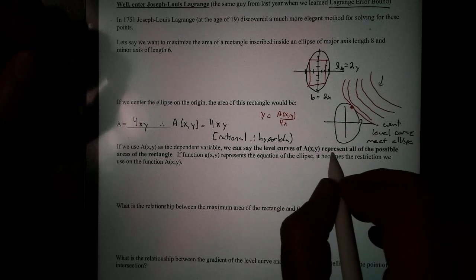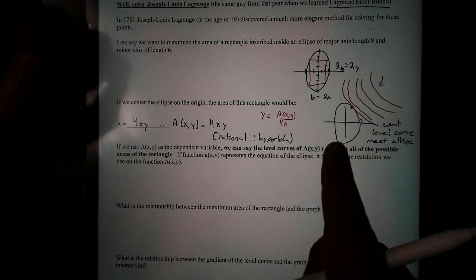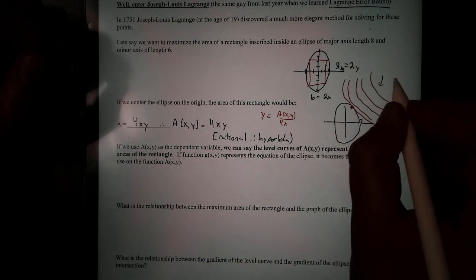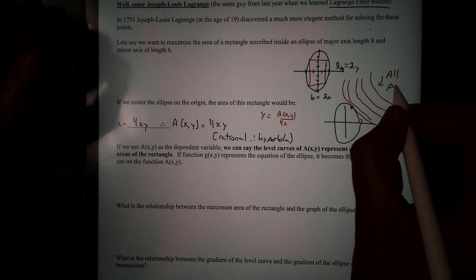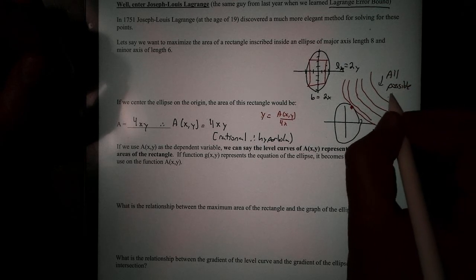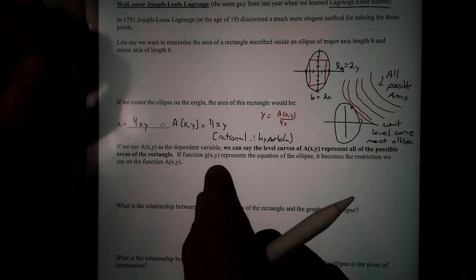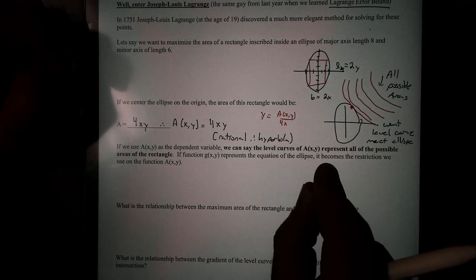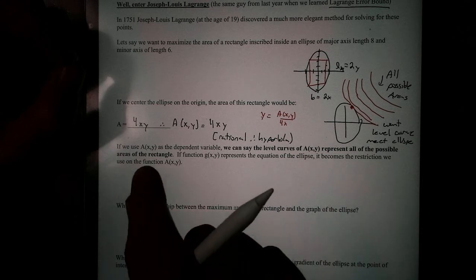That this function, these hyperbolas here, represent all the possible areas. If the function represents the equation of the ellipse, it becomes the restriction we want to use.